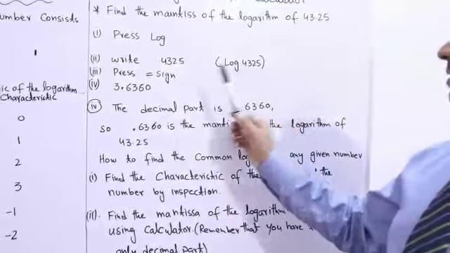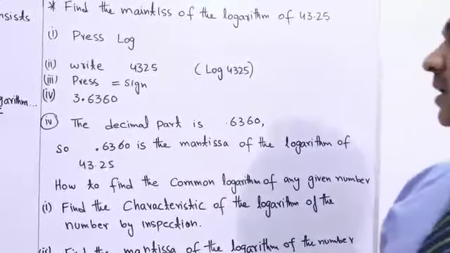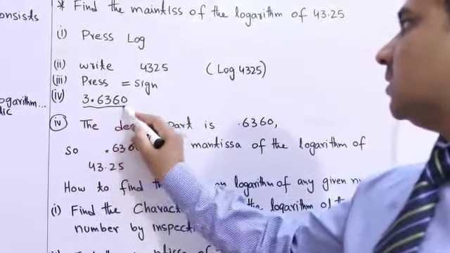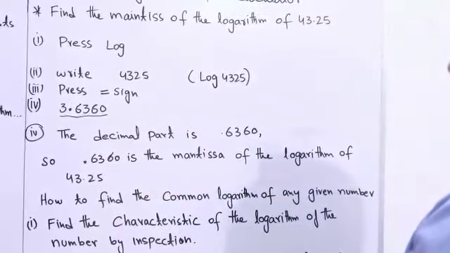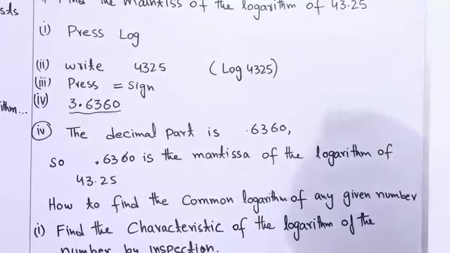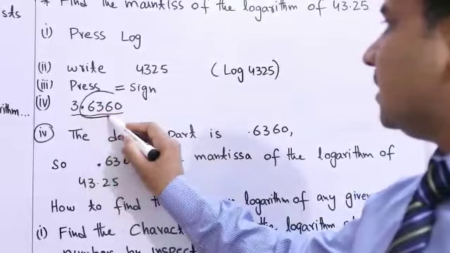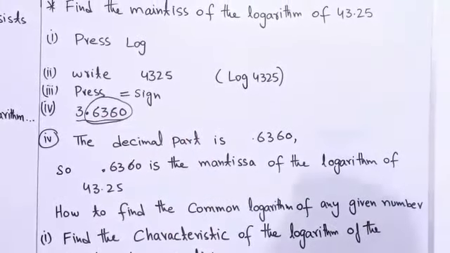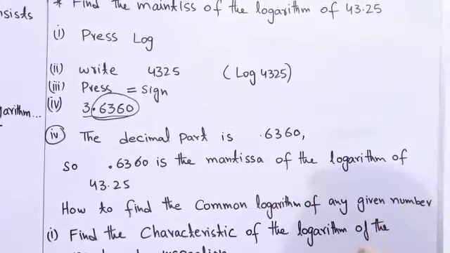When you write this, then press the equal sign, and on the calculator's screen you see 3.6360. Our mantissa is the decimal part. So the mantissa is the decimal part of the number.